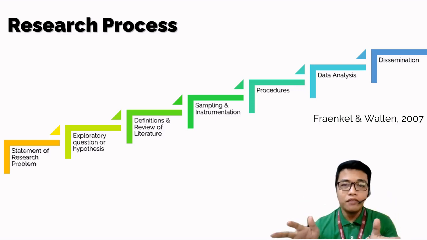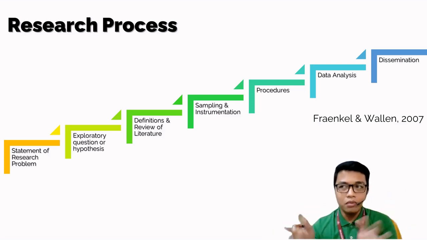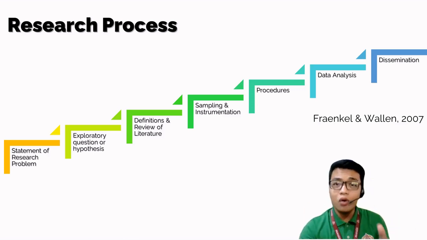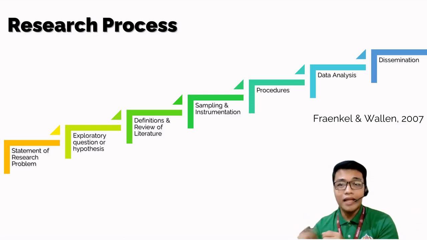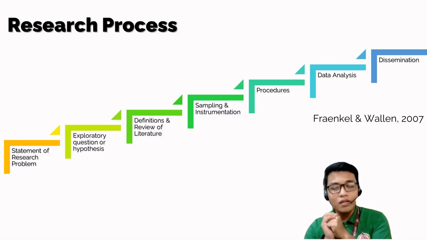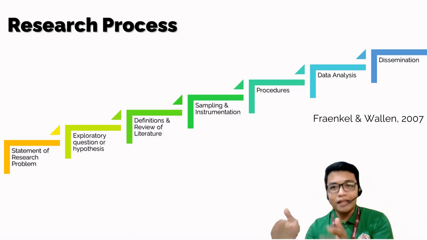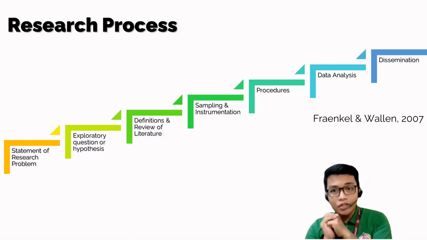Now, if you have specified, described, and probably compiled that, then you think about how you go about the data collection. That's how you answer procedures. Procedures give you your guide on how to do your data collection.